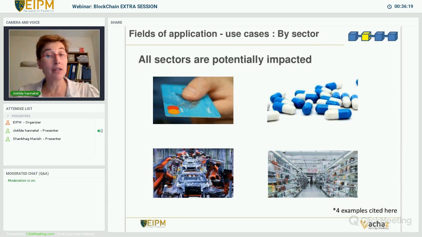And also the pharma industry is testing blockchain to fight against fraud, and to give a higher trust to the final consumer that the pill or whatever kind of medicine they are buying is really what is supposed to be taken.